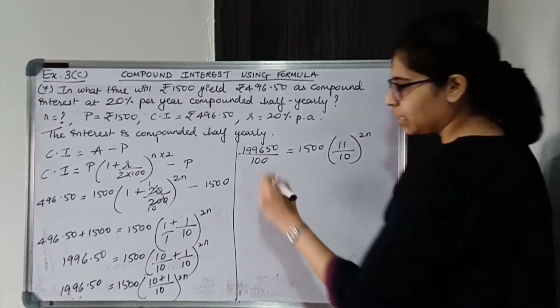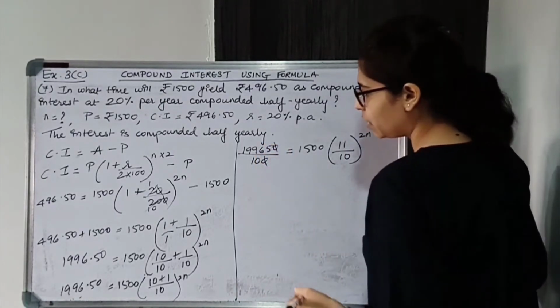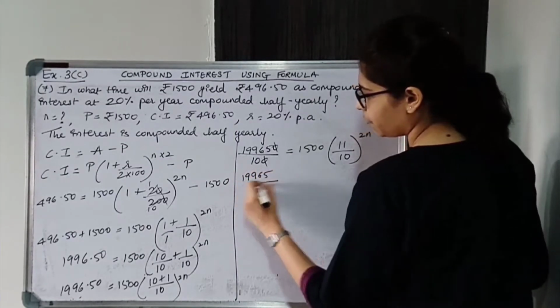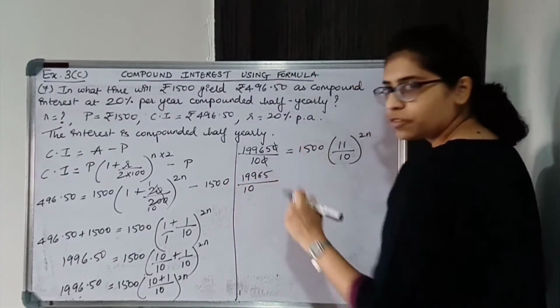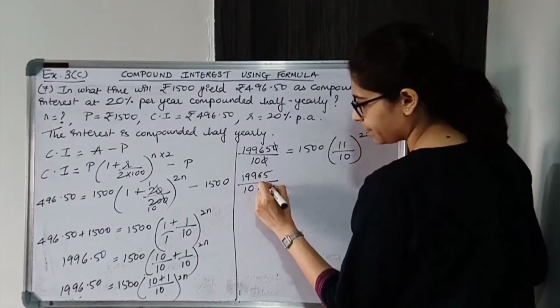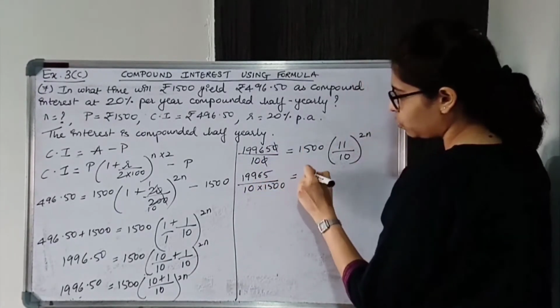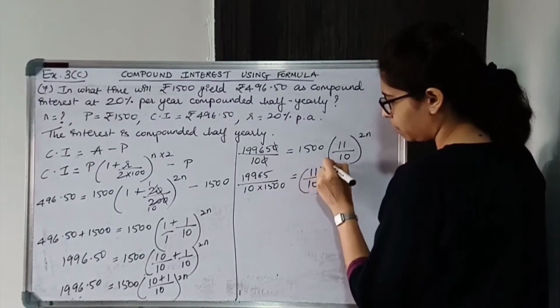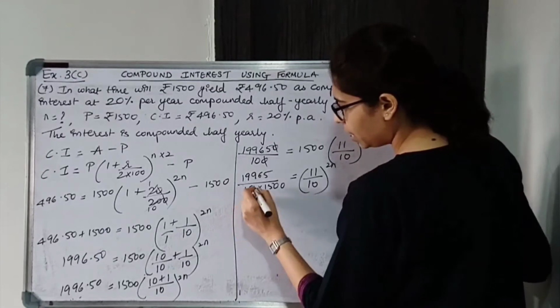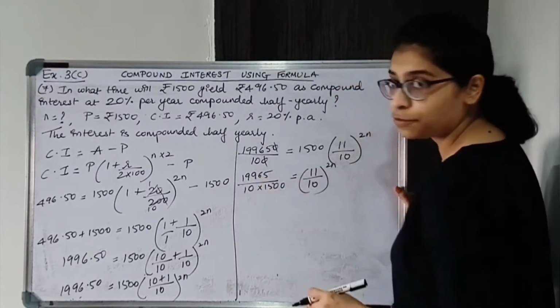So the zeros get cancelled over here. All right, so we get 19965 upon 10. Let's shift this. So this is in the numerator, it will go in the denominator, is equal to (11 upon 10) raised to 2n. Now over here we are getting 19965 and 15.